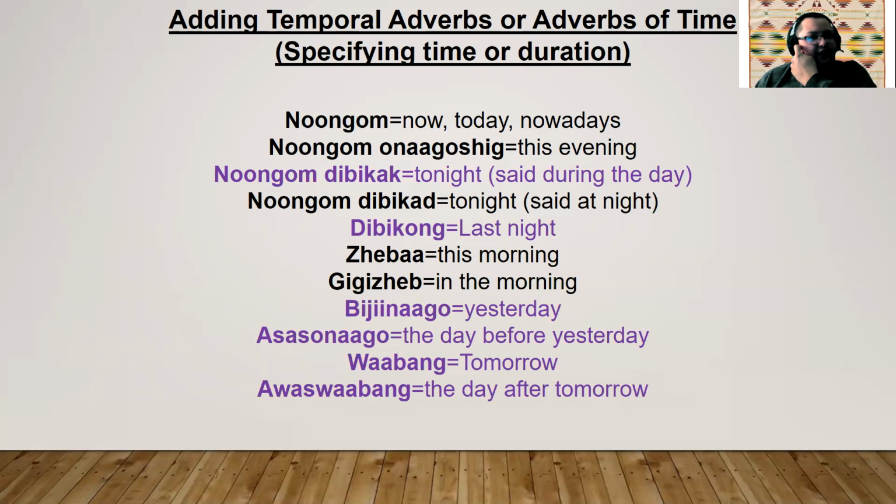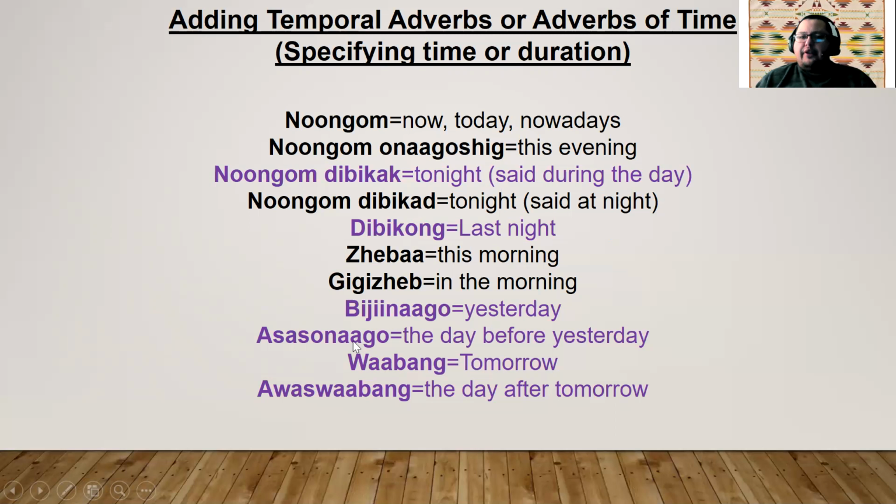So I don't want to confuse anybody too much on these purple words. These are the words that we plugged in this week. So nungam dibikud said at night. Dibikung, last night. Jeba, this morning. Gigijeb, in the morning. Bijinago, yesterday.